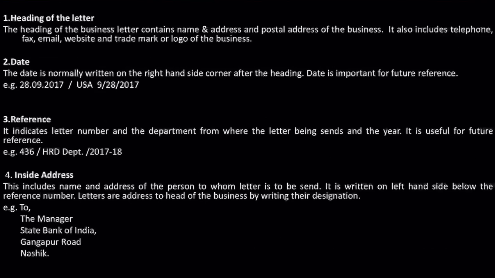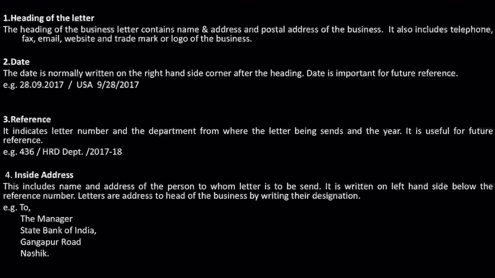Third point in the layout of a business letter is reference. It indicates the letter number and the department from where the letter is being sent, and it also includes the year. It is useful for future reference. Example: 436 oblique HR department oblique 2017-18. Fourth is inside address.